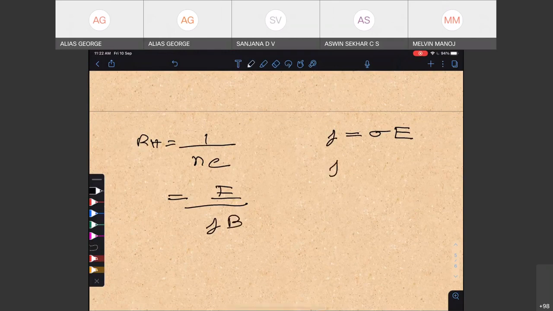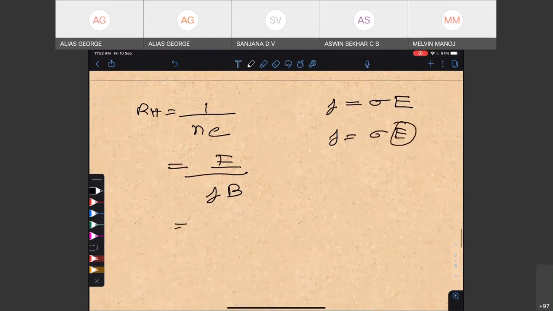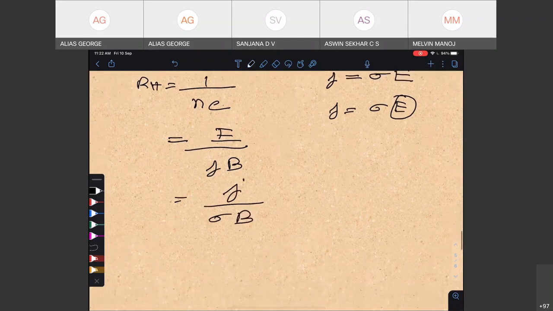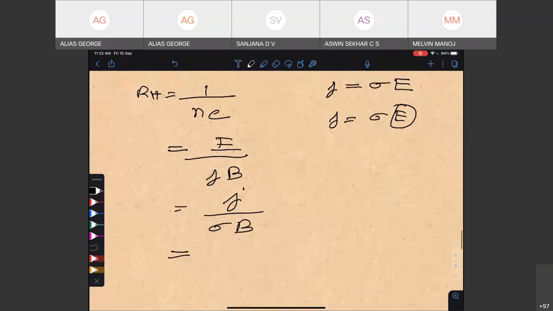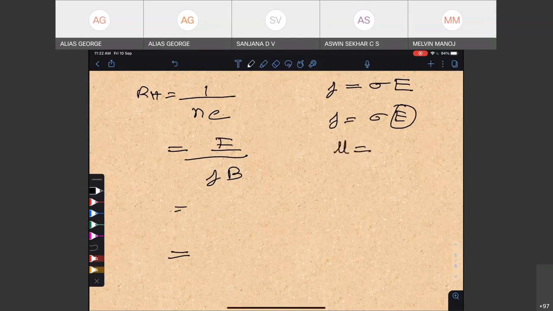Then J is equal to sigma times E. We substitute for this E as J by sigma. And I also told that mobility is nothing but drift velocity by electric field.